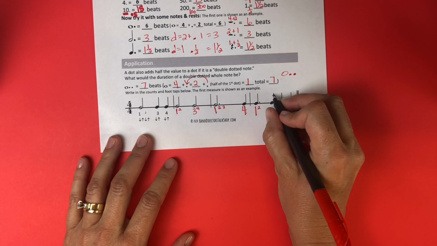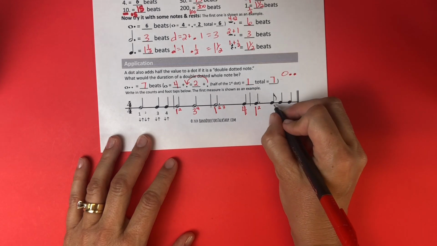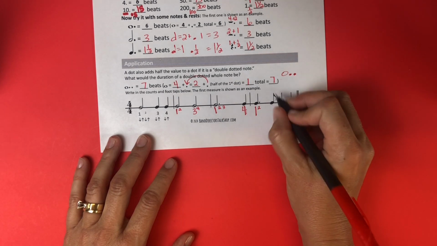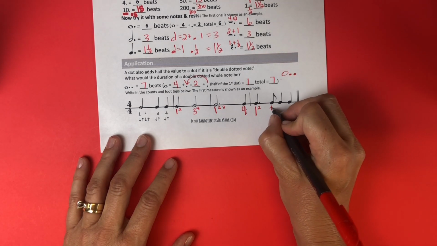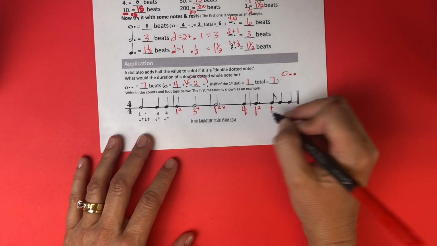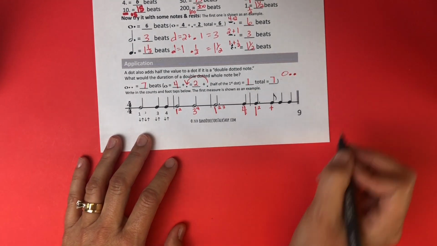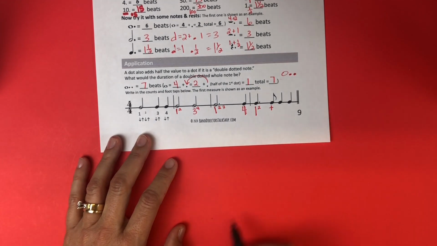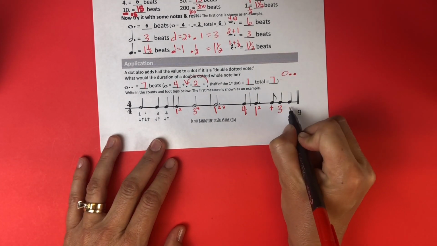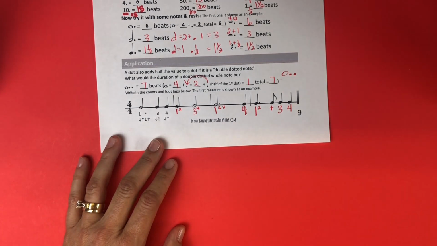But this is on the second half of beat 2. So we can't call it 2 because it's not on beat 2. It's on the second half of beat 2. It's on the upbeat. So I'm going to put a plus. That can be an "and" if you say and, or it can be a T for "tay", okay? So whatever you call the upbeat, I'm going to put a plus sign, or it can be a T. All right, and then this is beat 3, and this is beat 4.